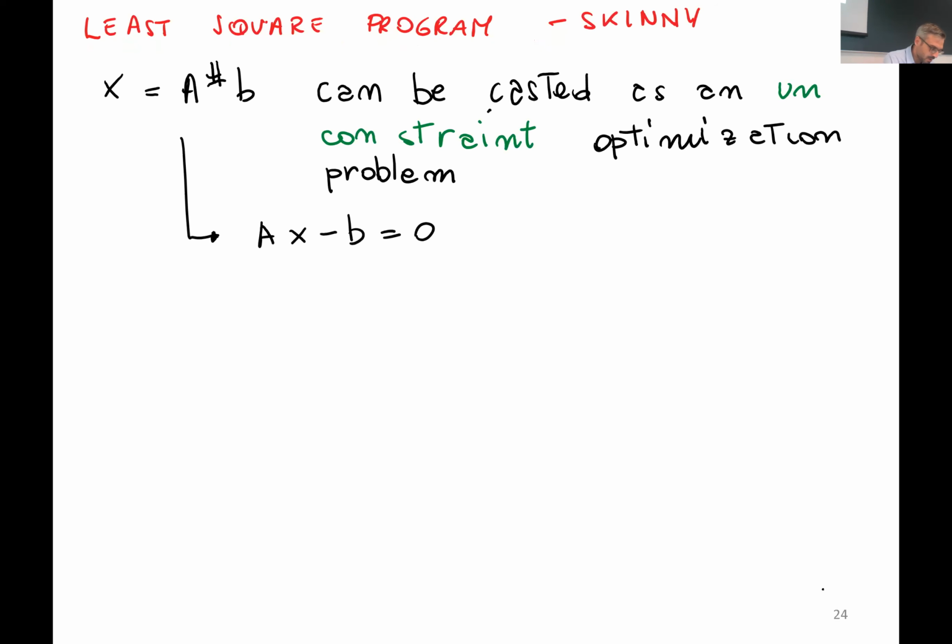So the pseudo inverse finds the optimal x that minimizes this residual error. And we can again express this norm explicitly.